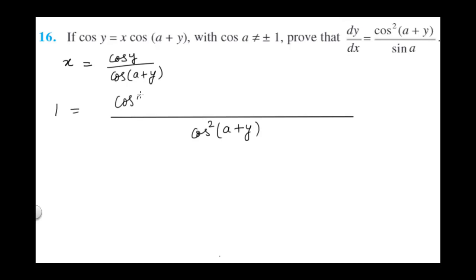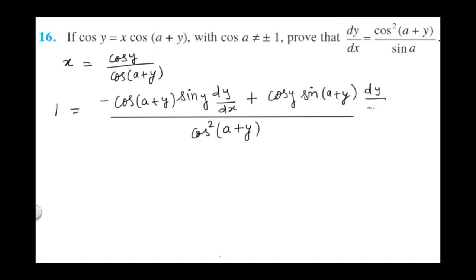Now v as it is, differentiation of cos y is minus sin y, and of y the differentiation will be dy by dx, minus cos y as it is, differentiation of cos of a plus y is minus sin, which will make it plus, a plus y, and a plus y differentiation is dy by dx only, right?